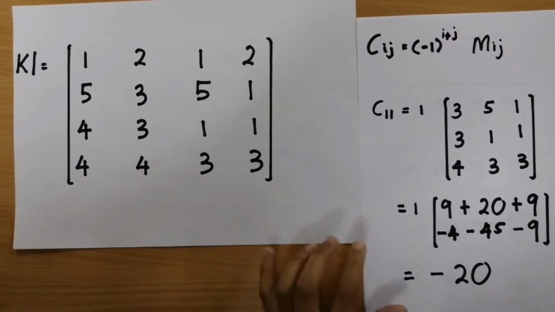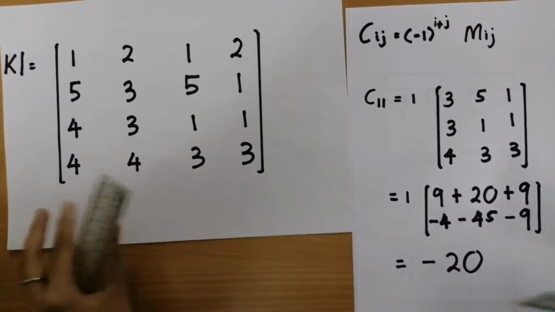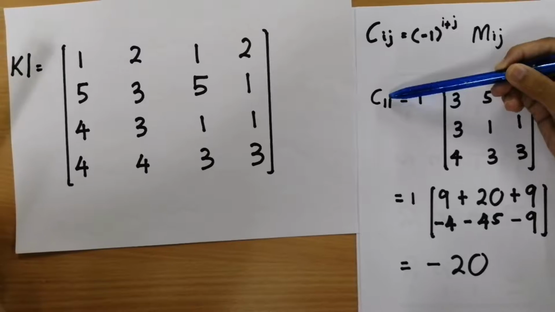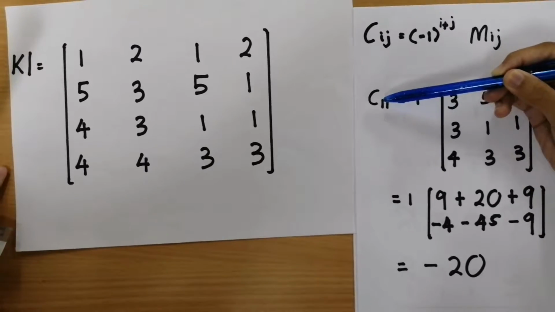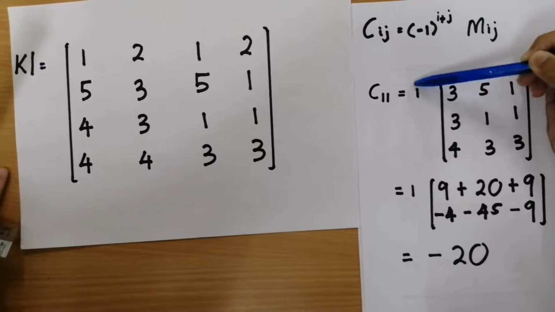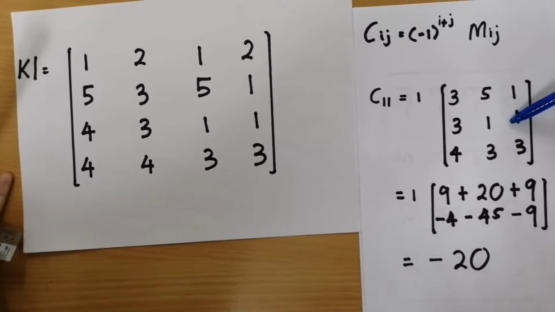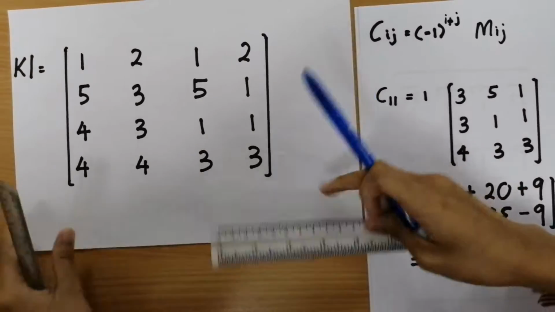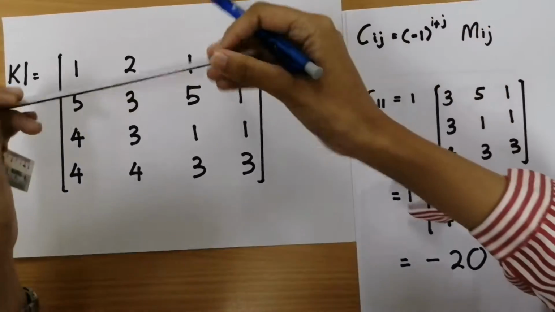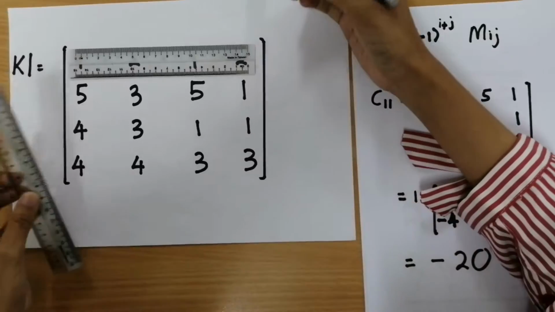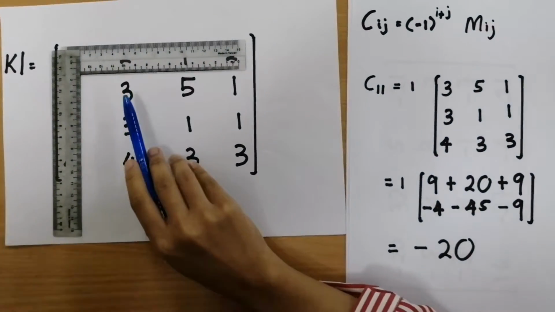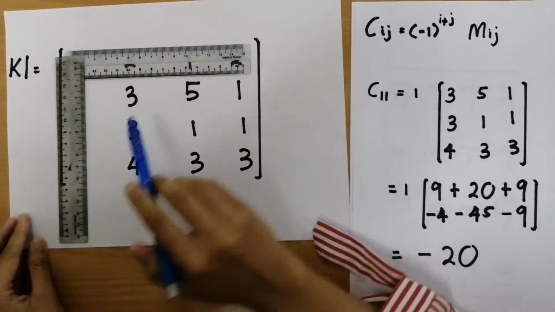So if we want to find the cofactor, we choose C11, which is row 1 and column 1. For this, we look at K1, and we close row 1 and close column 1, so we can find the 3 times 3.